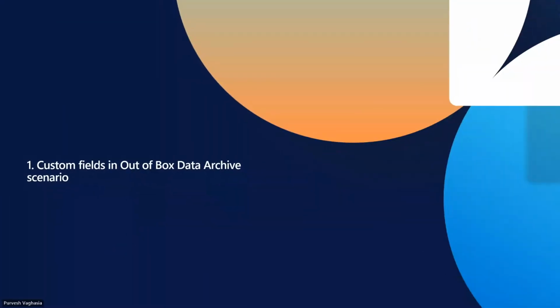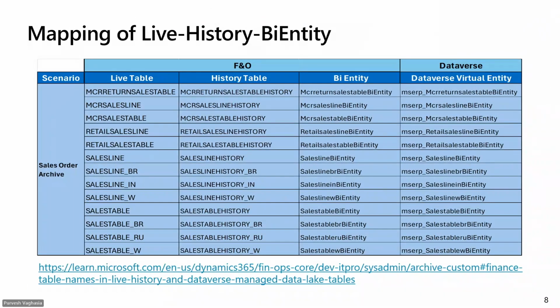Now going next to option one, which is adding custom fields in the out-of-box data archiving scenario. Before we go into it, one thing to note, which we also mentioned in the last tech talk that we delivered on 22nd, is that against each archiving scenario, we have a set of live tables, which are the actual FNO tables.